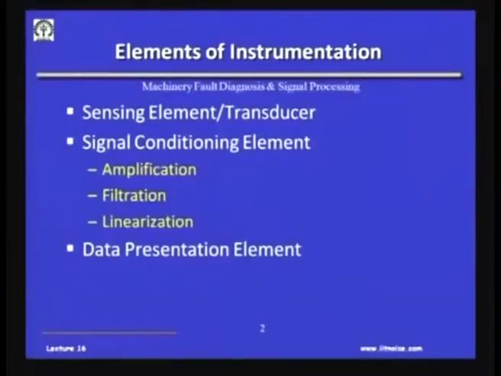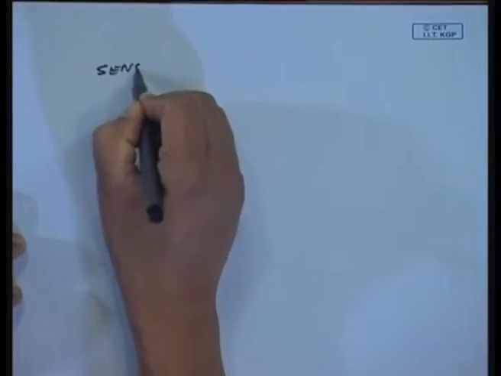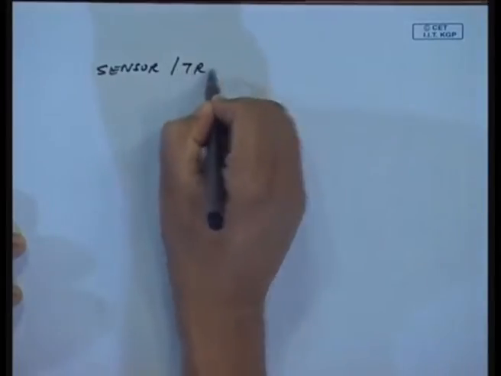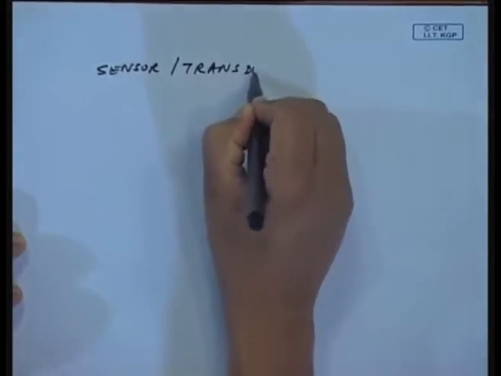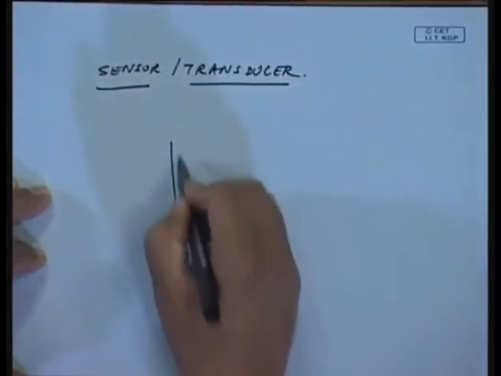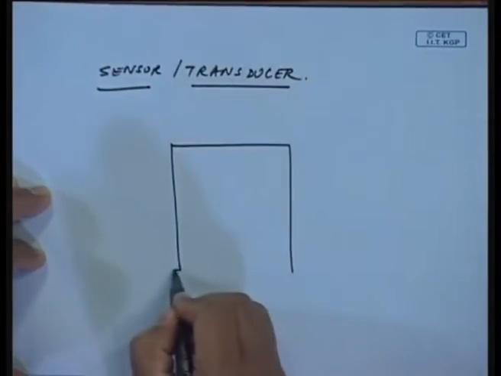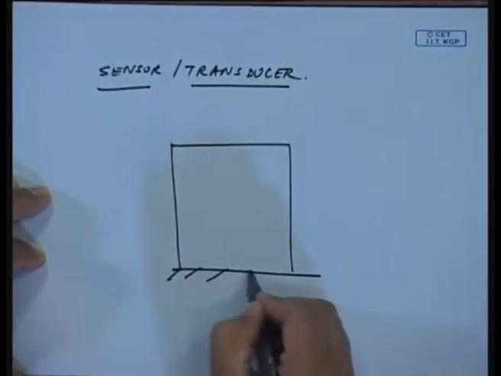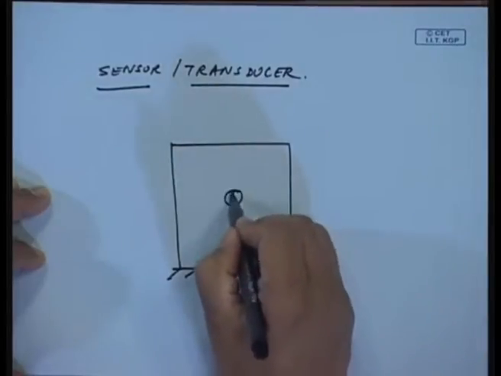So, let us see what are the important elements of instrumentation. One, of course, is the sensing element or the transducer. Sometimes people loosely say whether it is a sensor or a transducer. This is the most important element which is placed or connected on our machine. So, this is my machine.